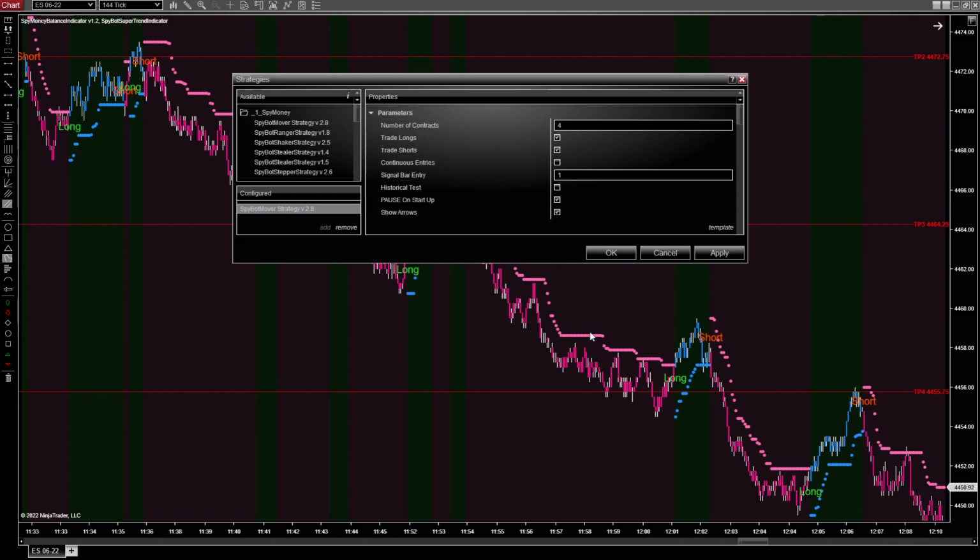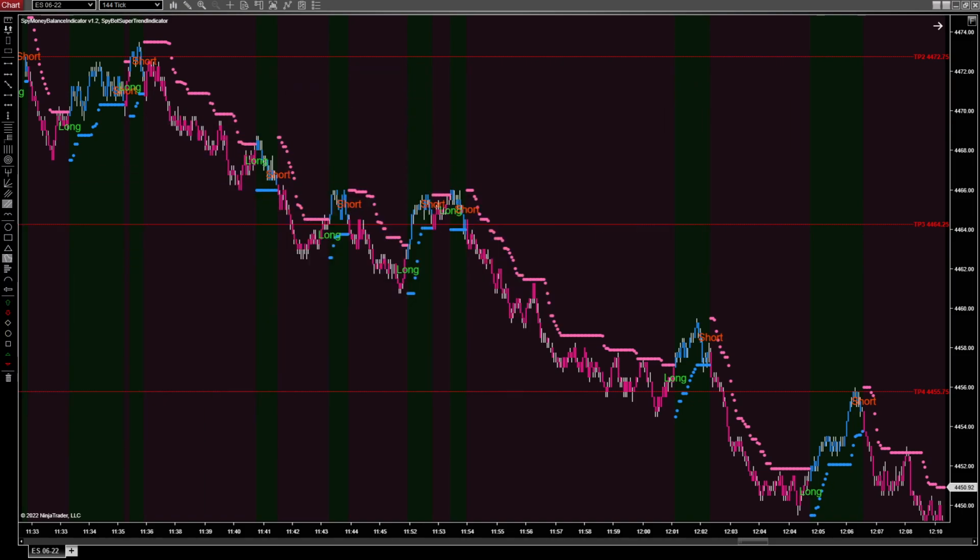I'm not showing the settings, but you notice there's nowhere on here to put micros, and there isn't, because the mover bot trades. If you're going to trade micros, you put the mover bot on a micro chart. You don't put it on a mini chart and then trade micros.